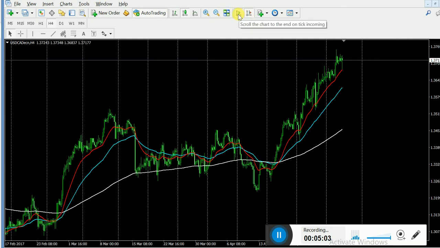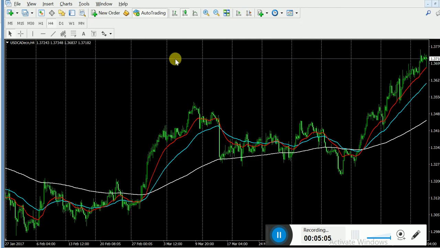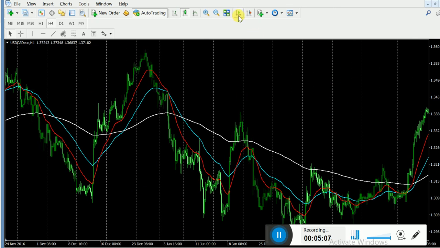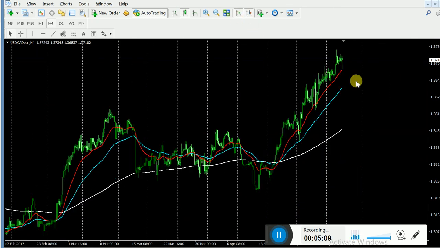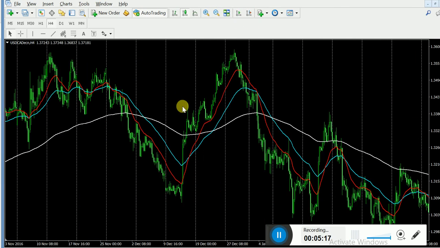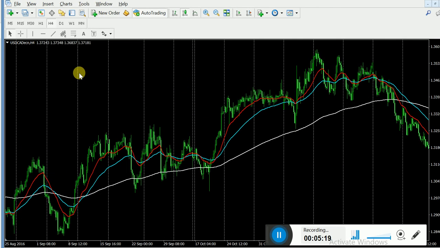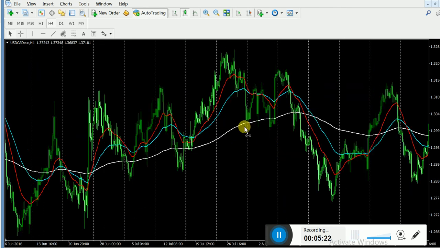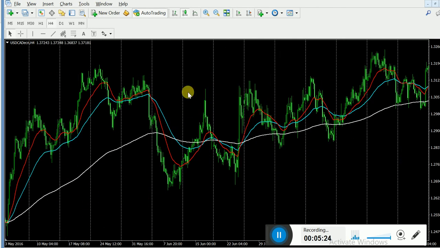This is how you auto scroll your chart. If you have both of them imprinted, you're always going to be at the newest minute or newest hour. But if you unprint them, you can come back and look into your previous data. If you hover over it, you see it says shift to the end of the chart from right border.